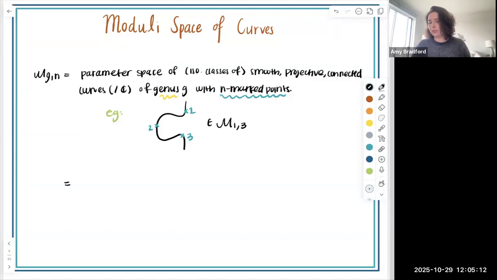Another perspective comes from the complex analytic side. It turns out there's another way to explain what this moduli space is.